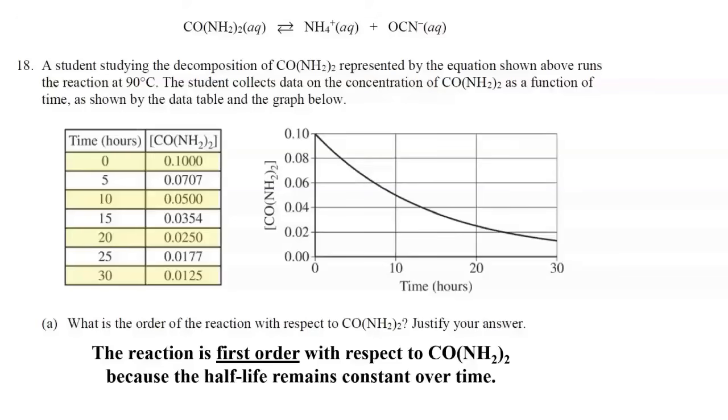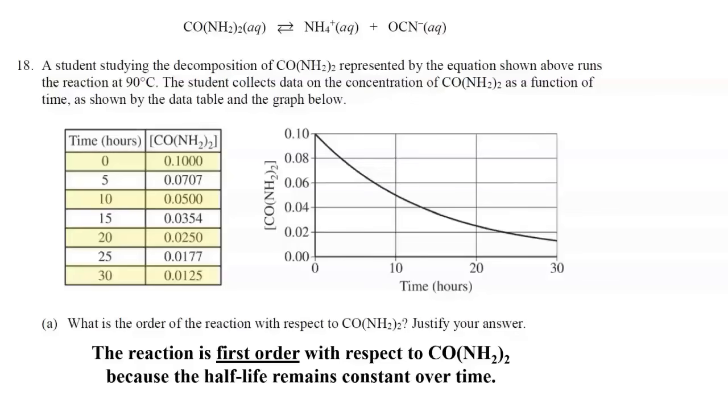You wasted perhaps too much time, especially on the AP exam when you're a little bit stressed for time and trying to be very efficient with how quickly you solve a problem under a timed condition. This method of recognizing that the half-life is constant over time was a much simpler, much easier, much faster way to answer part A of this question.